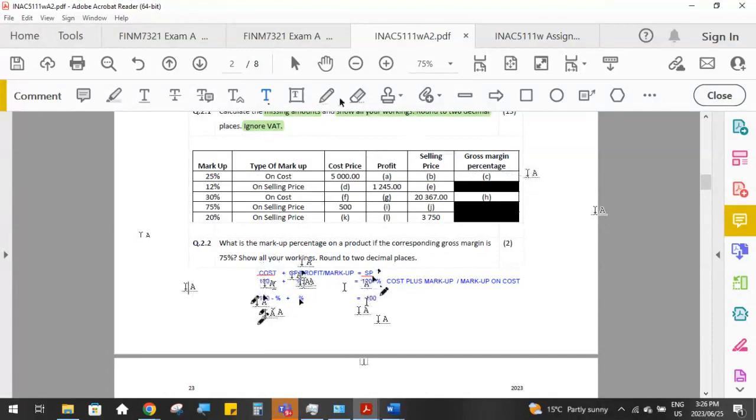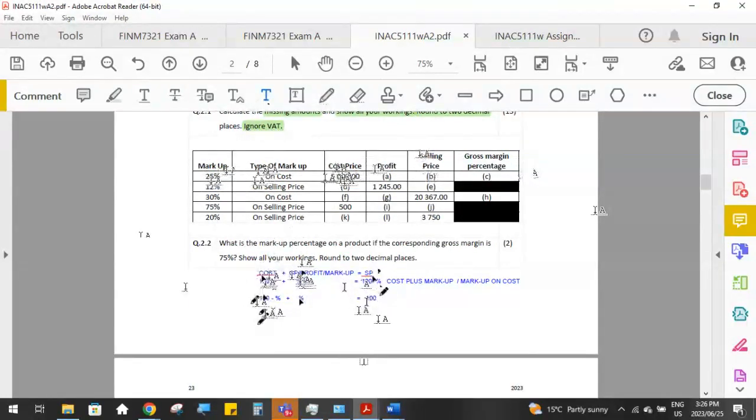So in this first one, I don't know if I'm going to fit this next to each one here. Let's just try. The markup is 25% and it's markup on cost. So that means my cost is 100% and I am going to add 25% of the cost to get my profit, and then the selling price.